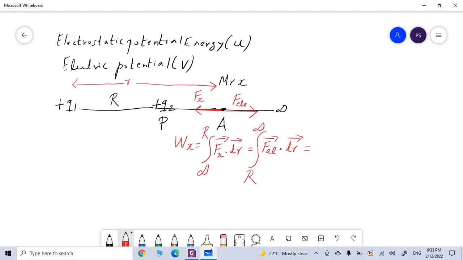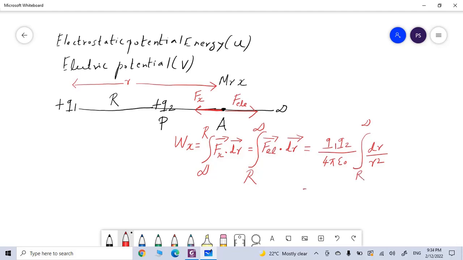Why? Because we know the value of F electric, which is given by Coulomb's inverse square law, which is nothing but Q1 Q2 divided by 4 pi epsilon 0, times the integral of dr by r square. So let's complete this process.